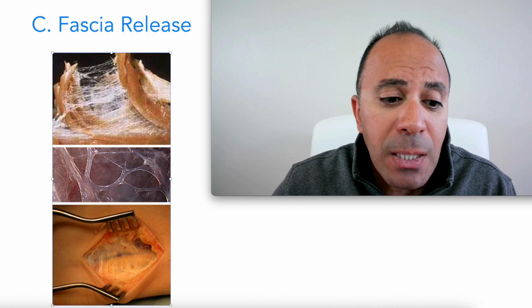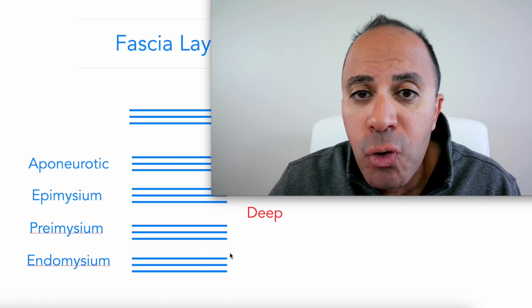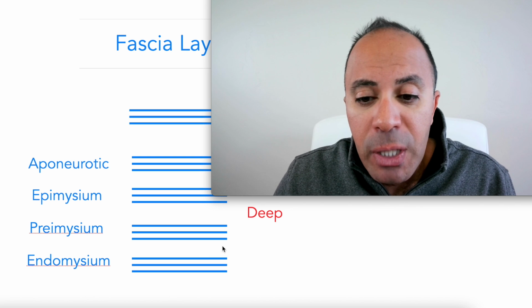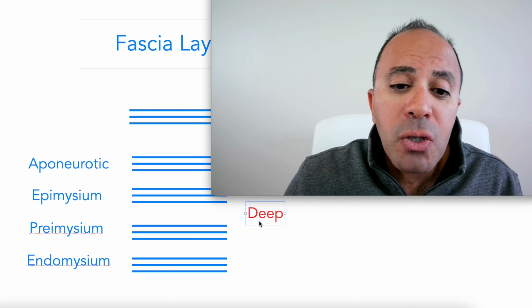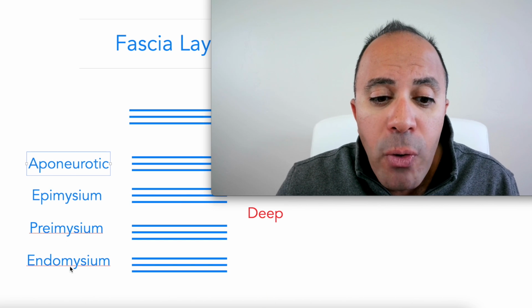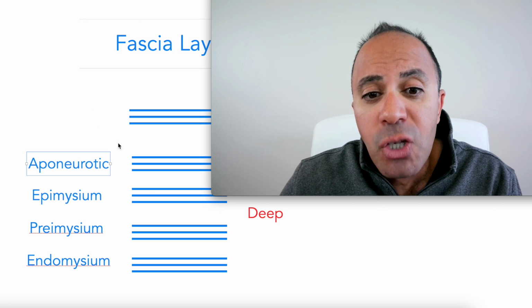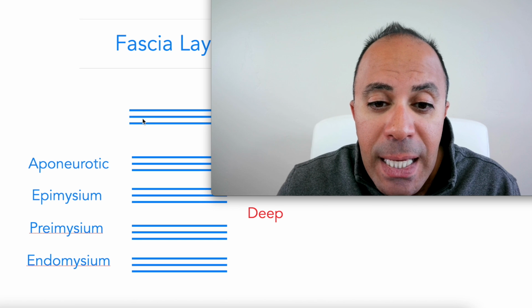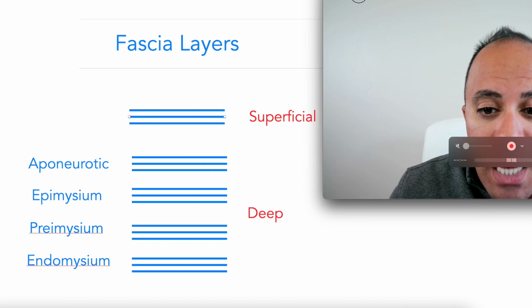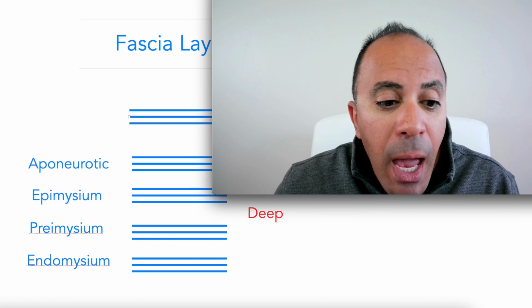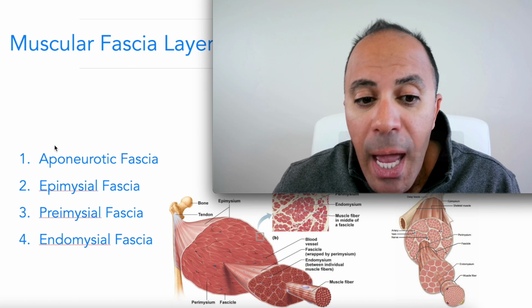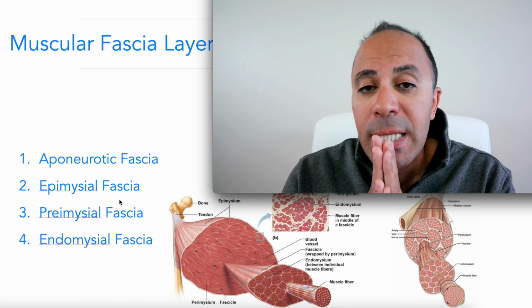So to make things more complicated, we have 2 main categories: superficial layer and deep layer. And the deep layer is divided into 4 subcategories of the fascia, and each of these layers has 2 to 3 layers, as you can see here in this image. So you can see it here in this image, the aponeurotic fascia, this is one of the deep layers.